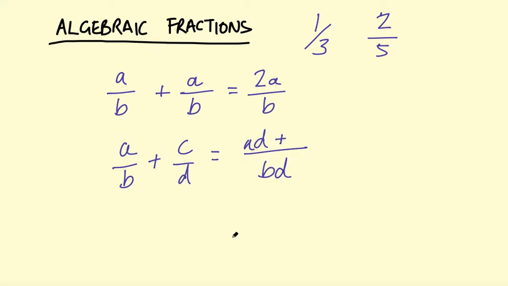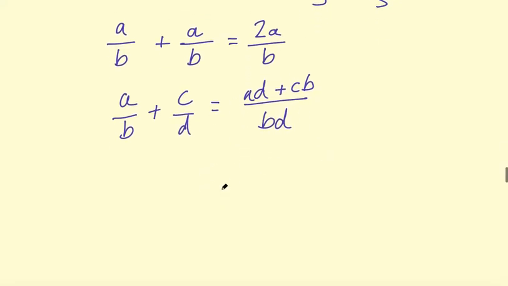And then the second fraction you need to multiply that whole thing by b. So d times b would be bd, so you've got that denominator, and then the top term will be cb. So that's how you would add those types of algebraic fractions. That's actually kind of a formula for adding any fractions as well, if you think about it.